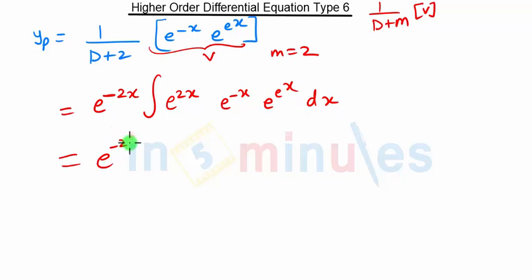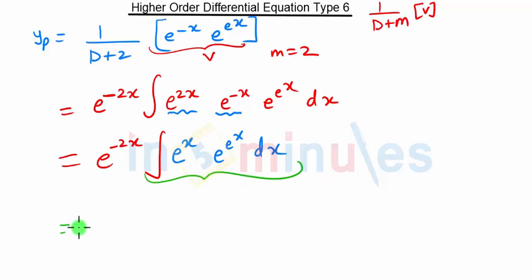This e raised to minus 2x will remain as it is. This e raised to 2x and e raised to minus x will become e raised to x into e raised to e raised to x dx. And just now we solved the integration of this term, which is equivalent to e raised to f of x into f dash of x dx. This integration is given by e raised to f of x.